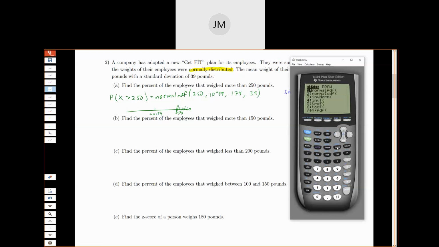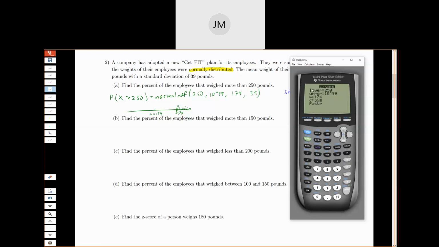We hit second and hit distributions to bring up the menu, and I want the second one, normal CDF. Don't use normal PDF for anything. It's not going to compute a probability for you. I want this normal CDF. My lower value for the range of things I'm looking at is this 250, and the upper value, we're going to do 10 to the power of 99, where the mean is 174 and the standard deviation is 39.